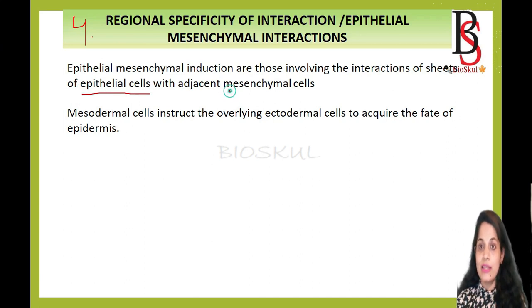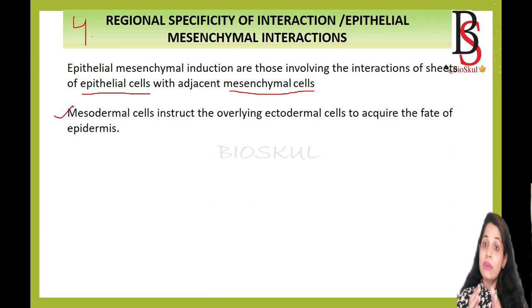And the important point is that the mesodermal cells here instruct the overlying ectodermal cells to acquire the fate of epidermis. So what will be the fate of the epidermis? That will be determined by the mesenchymal cell. Okay.